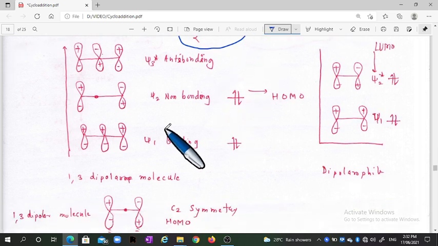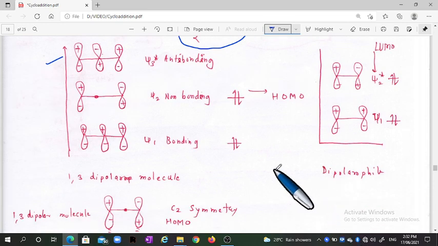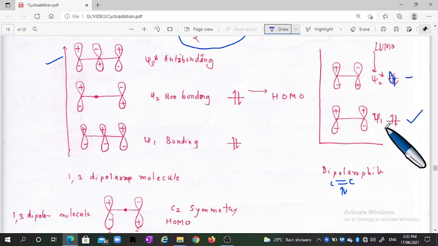For this we have psi 1, psi 2 and psi 3 star. For the dipolarophile, if suppose we have C double bond C, in this species only 2 electrons are there, so there is no need to write this. This is an empty orbital, only 2 electrons are present at psi 1 orbital.